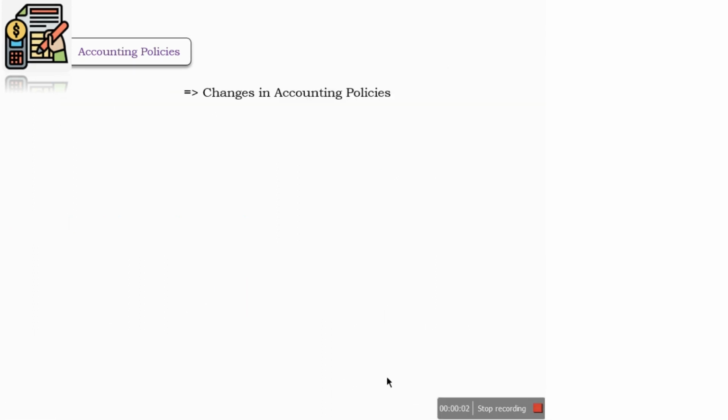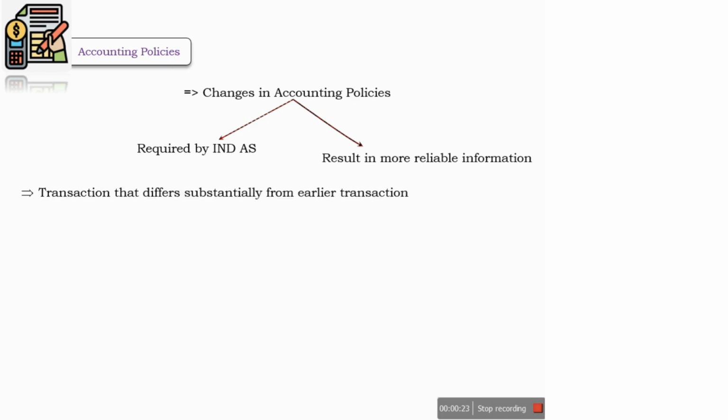Changes in accounting policies will be made by the entity if it is required by an Ind AS, or it results in more reliable information in respect of the financial position, financial performance and cash flow of an entity. So only in these two cases will accounting policies be changed.